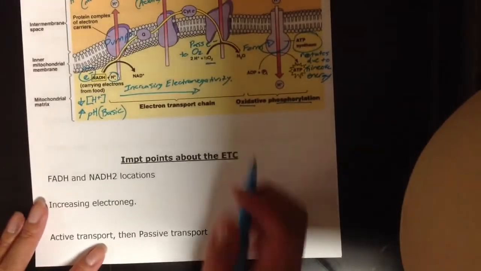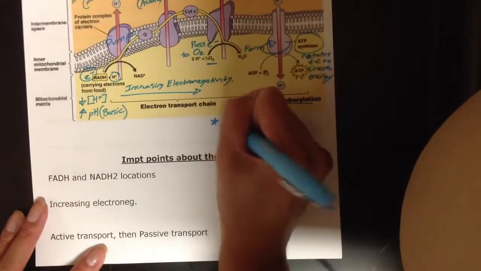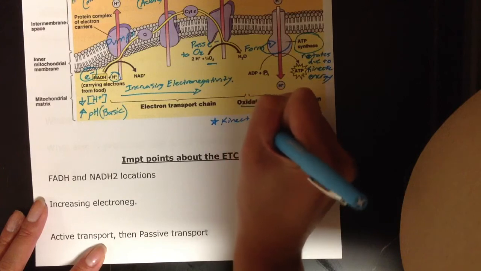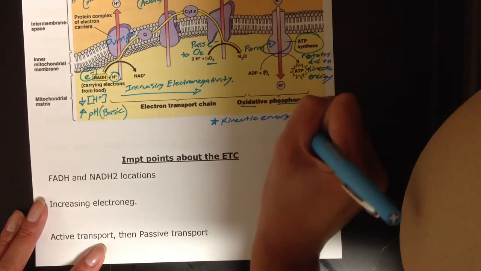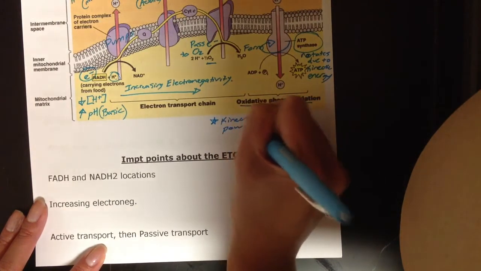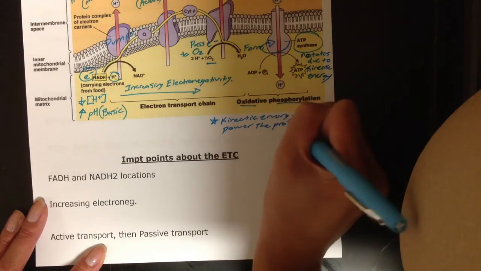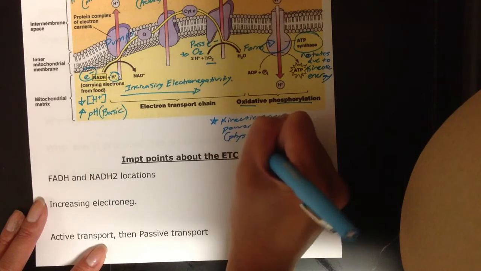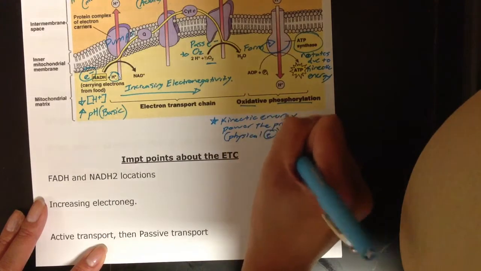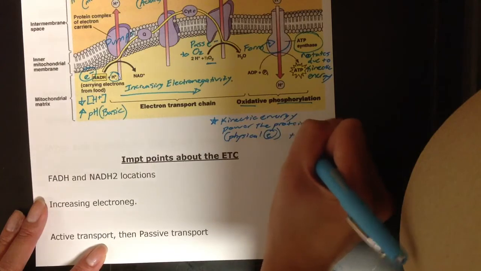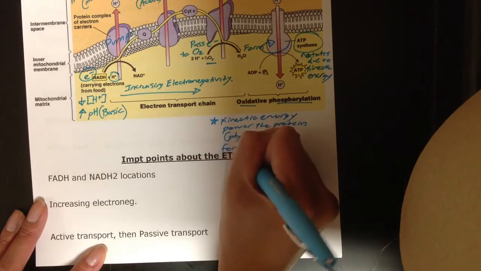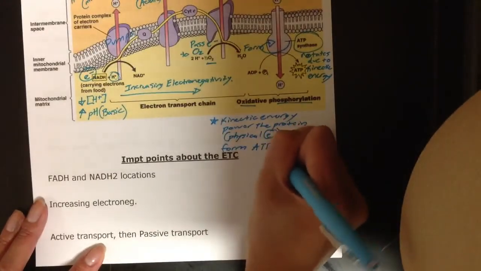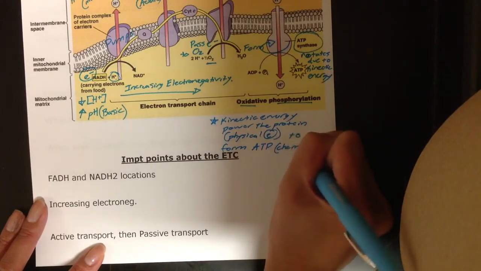So in the end, the kinetic energy is going to power the protein. So this is a physical energy, and I'm going to write E with a circle to represent energy, to form ATP, a chemical energy.